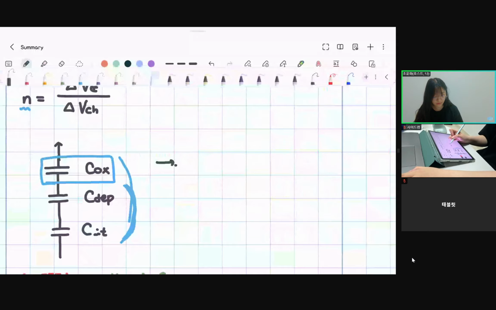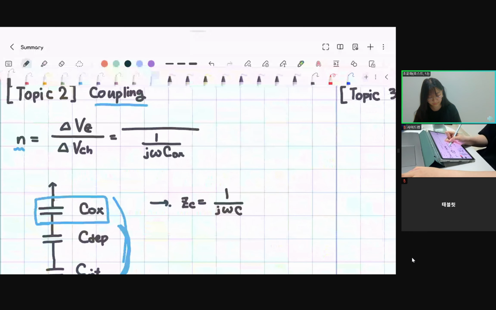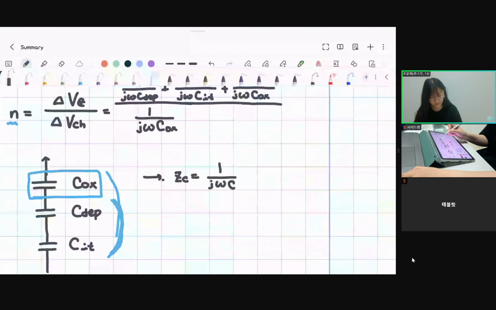The capacitance impedance is 1 over j omega C. So we rewrite it like this, with j omega C ox.